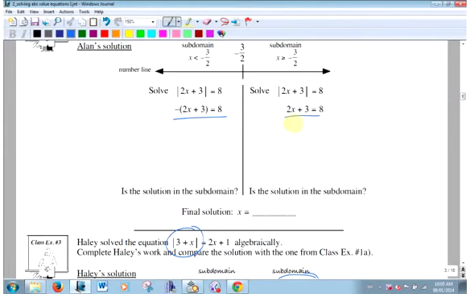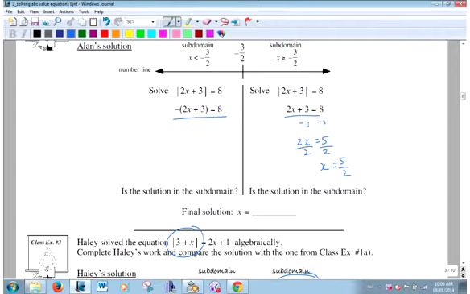Okay? So 2x plus 3, minus 3 from both sides. 2x is 5. Okay, this says x is 5 over 2. Let's check it to make sure.